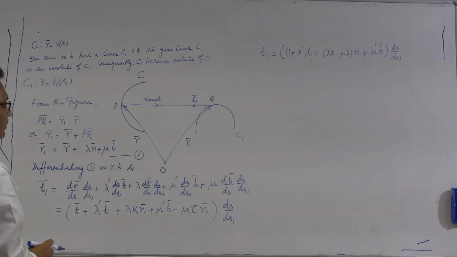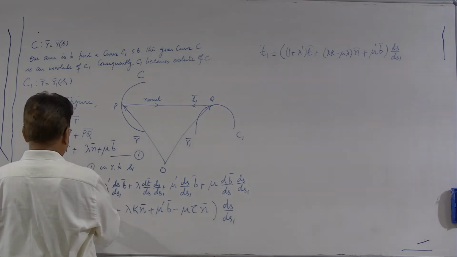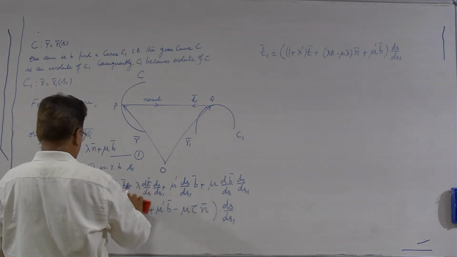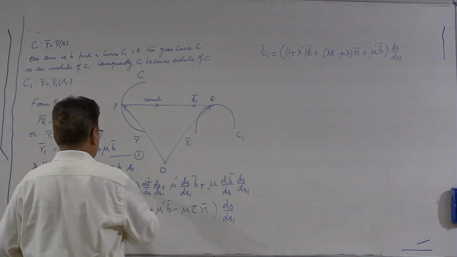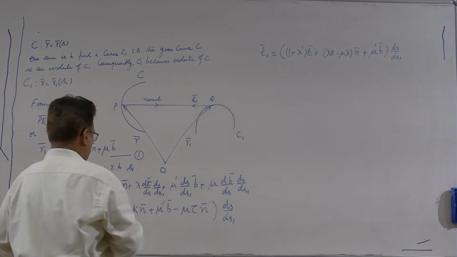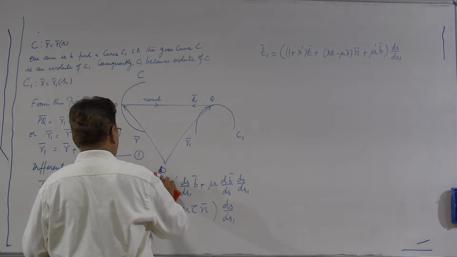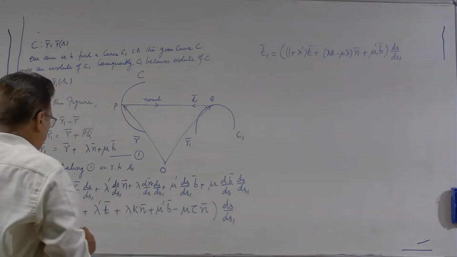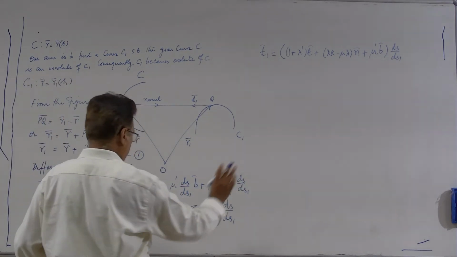Yes, normal plane means a plane generated by n and b. So, lambda dash into t means n. So, this will be n plus lambda, this is dn over ds, plus mu dash into b, rest is okay.